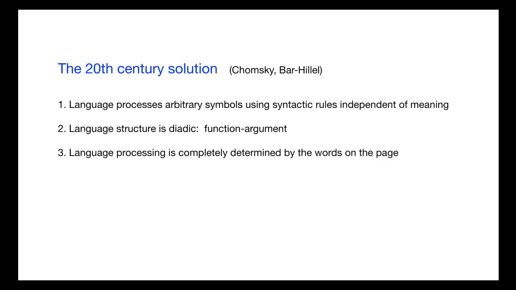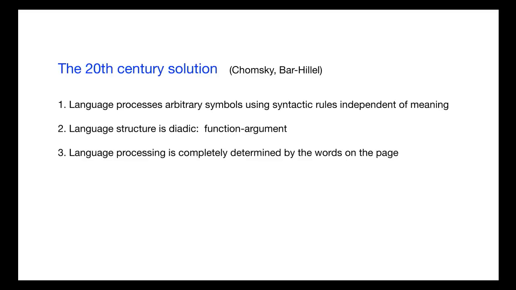Well, the solution in the 20th century, starting with Bar-Hillel actually, and also Chomsky, was that language has three main points, and the rest of the talk is going to be replacing each of these with something else. First, that language processes arbitrary symbols, unrelated to the thing they're talking about, using syntactic rules that don't have anything to do with the meaning of those words.